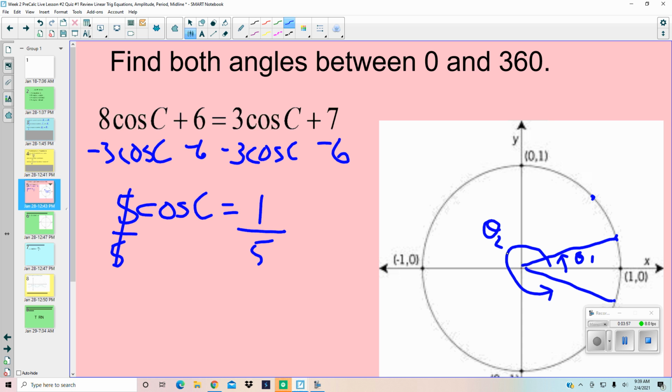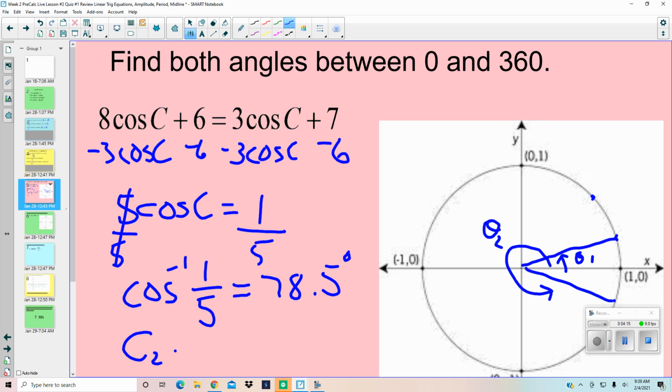So then I would take the inverse of cosine to get that first angle, which is going to be 78.5 degrees. In Delta Math, they're going to ask you to round to the nearest tenth. So then to get the second angle, which would be called c sub 2, because they didn't use theta, I would have to take 360 minus 78.5 degrees. So that second angle is going to be 281.5.